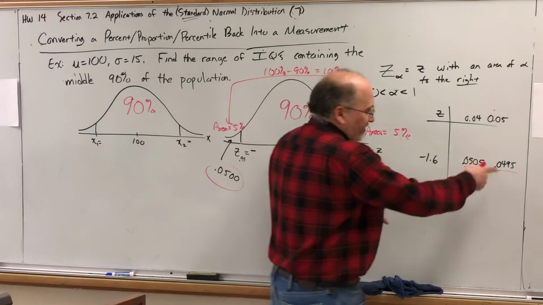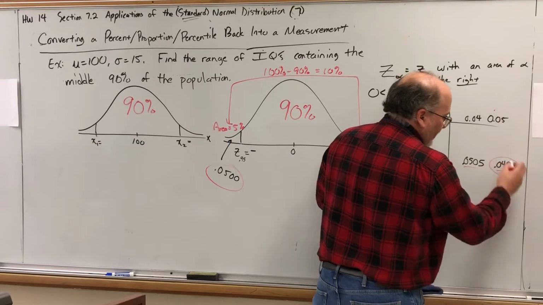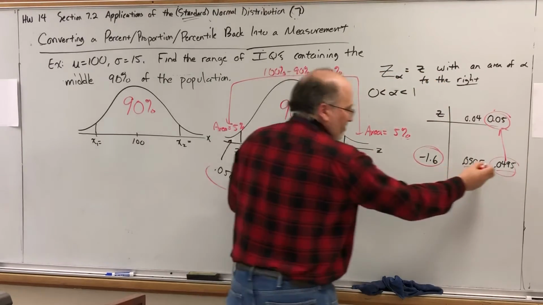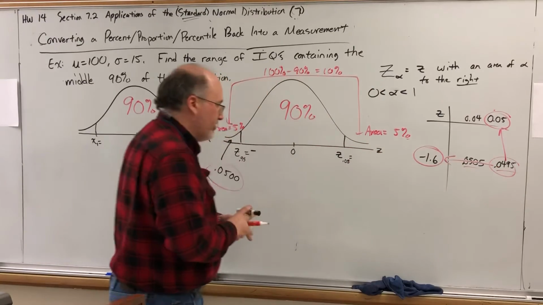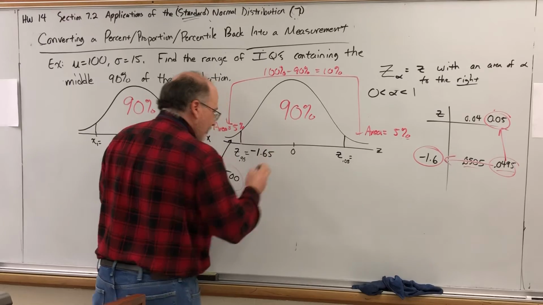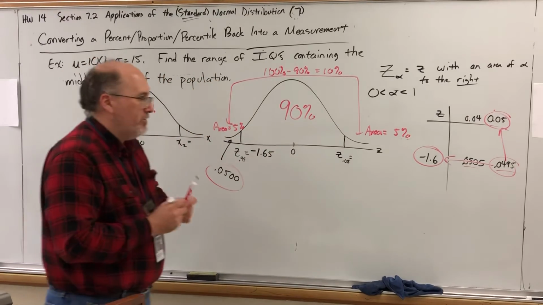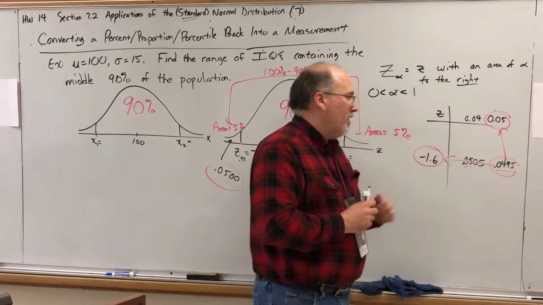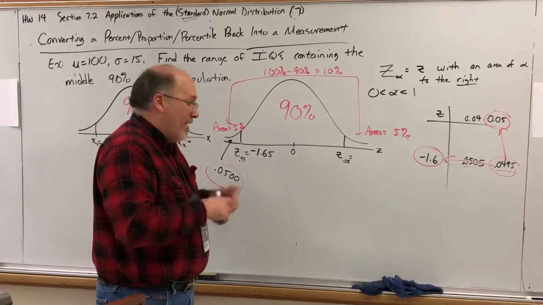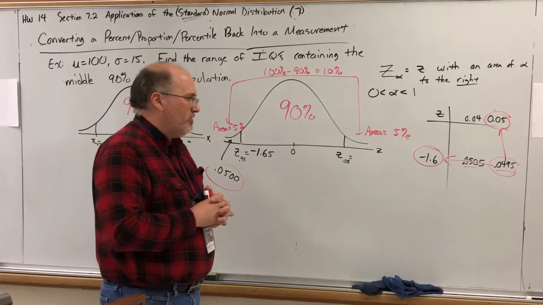So since we are dead center, I'll always default to the right and use that digit. So the z-score that I'm going to use for this is negative 1.65.